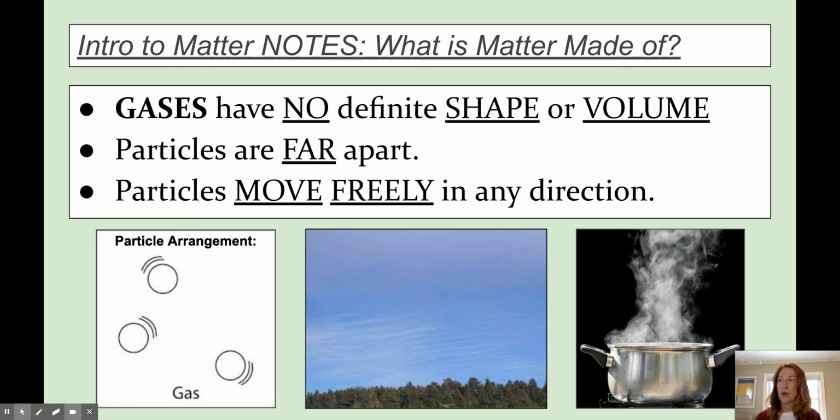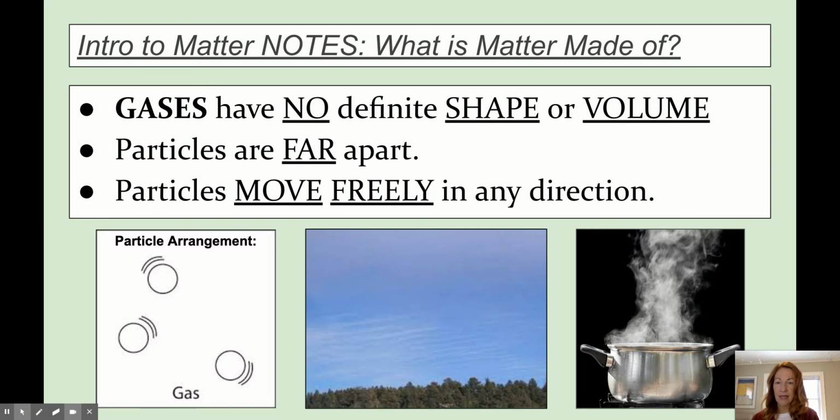So you would write no definite shape or volume. Okay, the particles are so far apart compared to a liquid. And look at the picture where it says particle arrangement, and they move freely in any direction. They also have the most energy. Remember, like you see the water vapor, it has the most energy compared to the other states of matter.